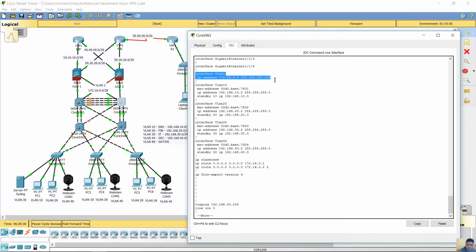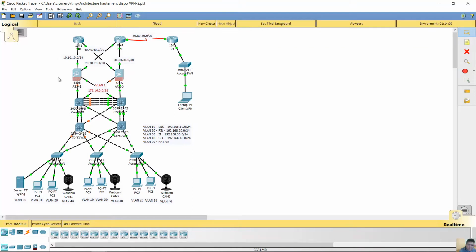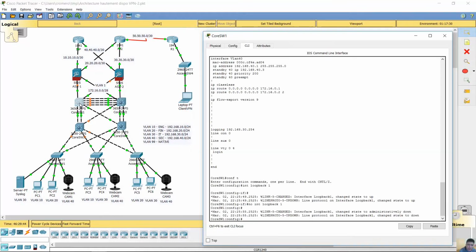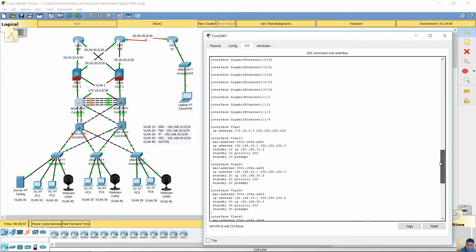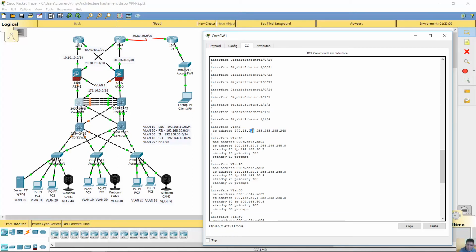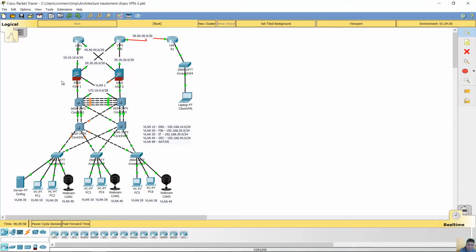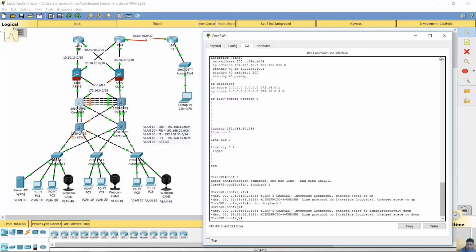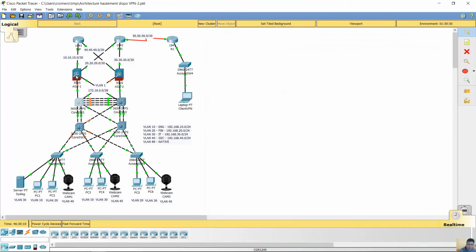And look at VLAN 1 here. This VLAN 1 is connected to the network of the ASAs. This core switch 2 is 4 and core switch 1 is 3. On VLAN 1, the VLAN connected to the ASA's network, ASA 1 is 1 and ASA 2 is 2. Look at ASA 1.